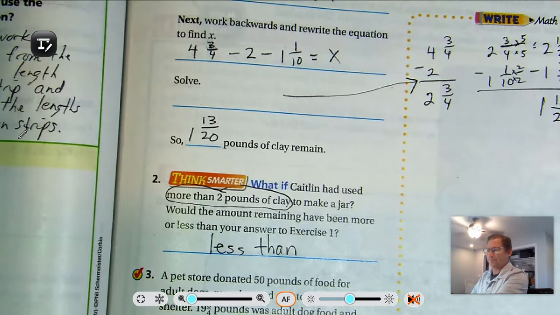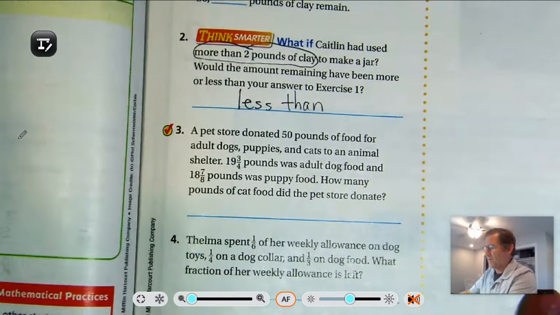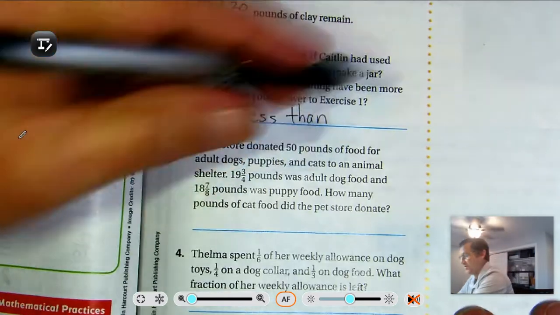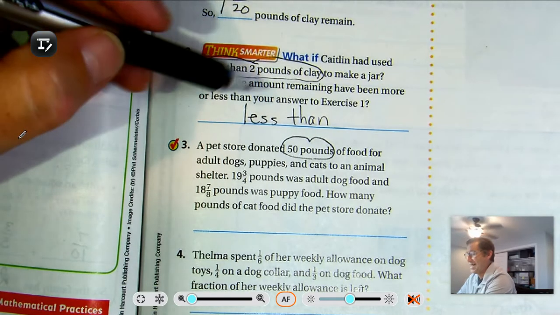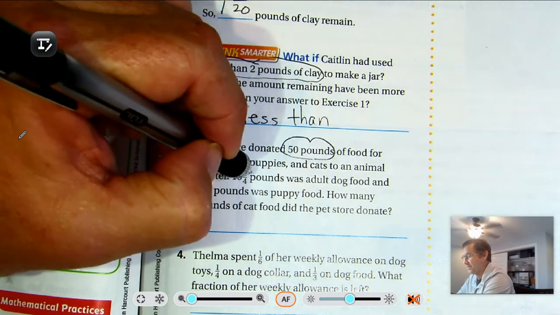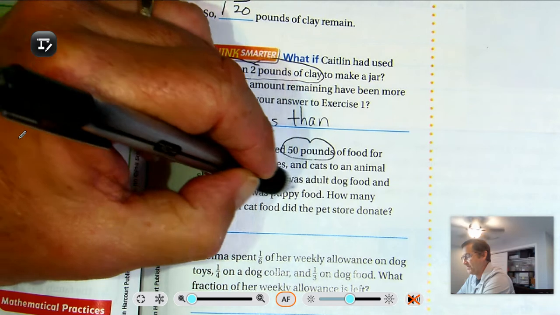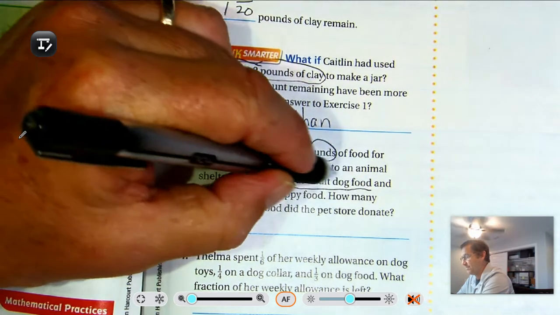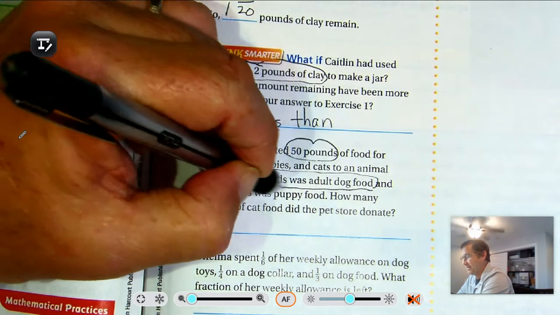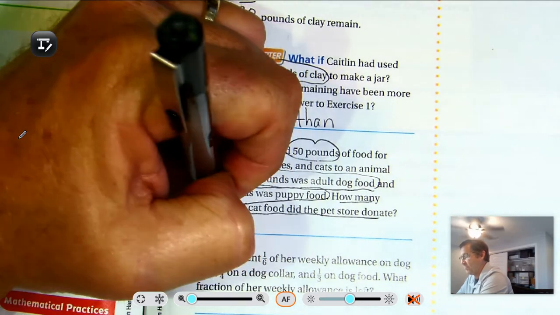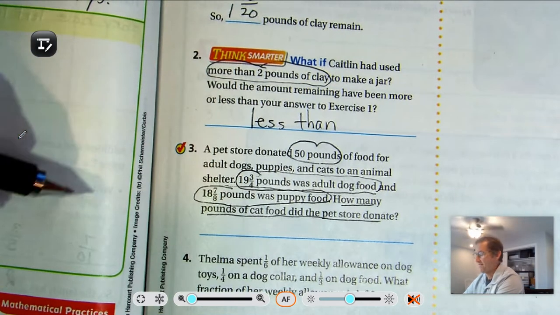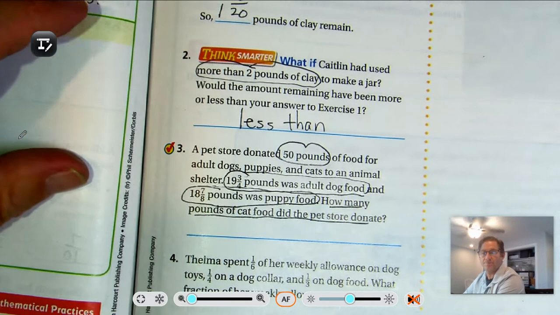Number 3. A pet store donated 50 pounds of food for adult dogs, puppies, and cats to an animal shelter. 19 3/4 was dog food. 18 7/8 was puppy food. And it wants us to find out how many pounds of cat food the store donated.